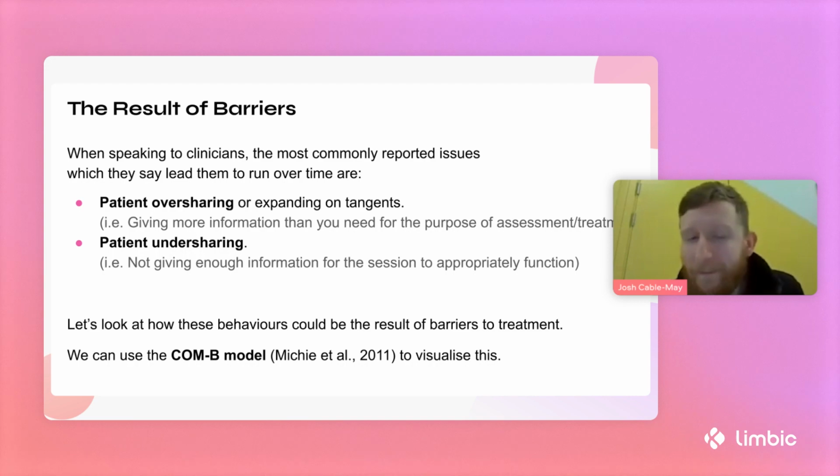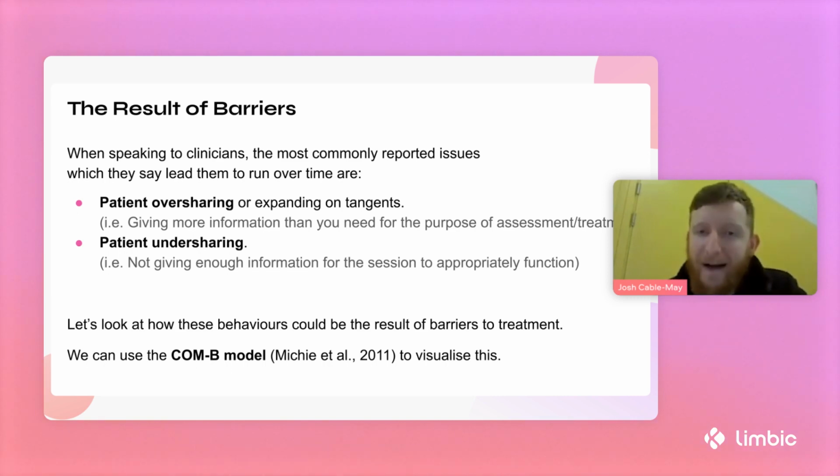Or maybe, and this is quite a common one, especially for some minority groups where there's a different view of mental health care, they don't actually understand the importance or the need to share in therapy. They may think, again purely in goodwill, that if they just give you these really short, sharp responses, that's what you want. That's the information you need. They might not actually understand that we do need a bit more, and we do need them to talk to us about how they're feeling in a bit more depth.